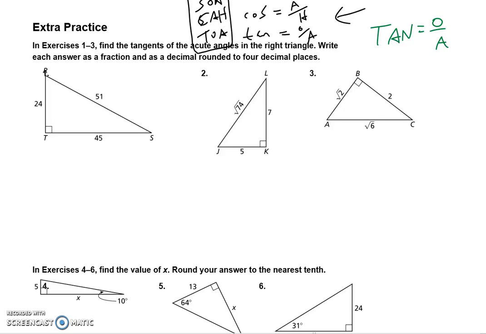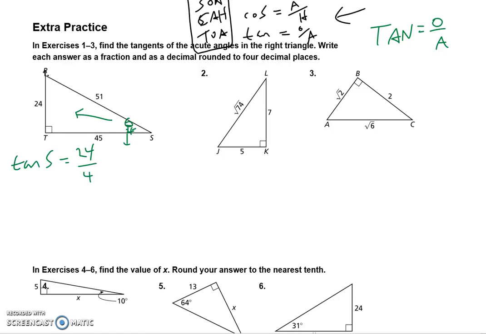So for this one, if we do tangent of S, that means I'm going to put my theta in this corner here. Tangent is opposite, so opposite is the wall over there, 24, and then adjacent is the floor right below him.